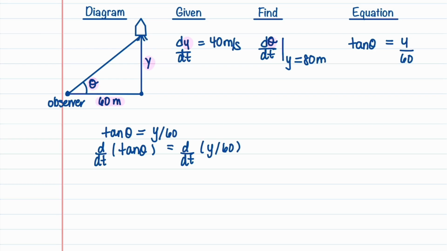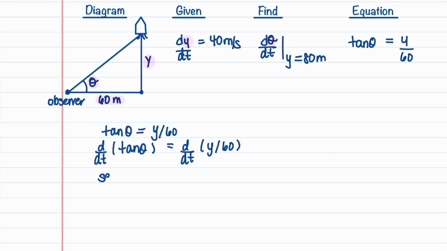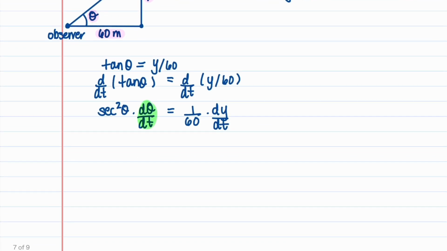The derivative of tangent is secant squared theta times dtheta/dt, because theta is a function of time. And then we have a 1 over 60 that we can pull out on the right-hand side, and then we have dy/dt. We want to find dtheta/dt, so let's solve for that.